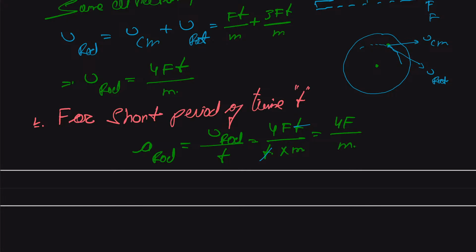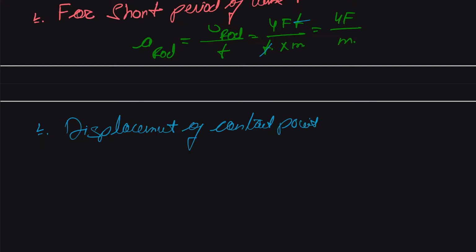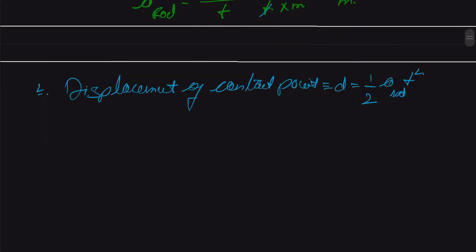And now we can easily calculate our displacement. So we can say the displacement of the contact point, let us call this d, will be equal to one half acceleration of the rod times t square, because initially the rod was at rest.